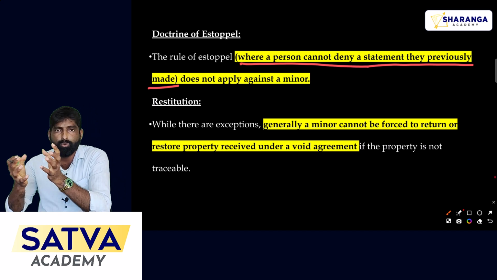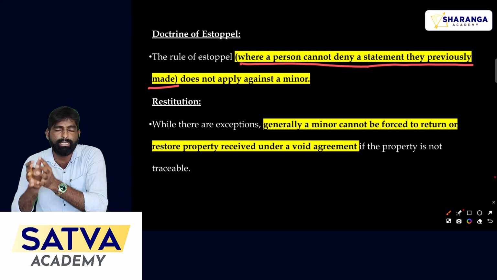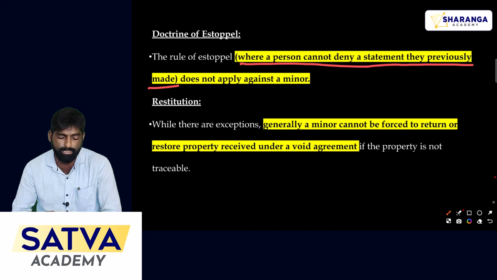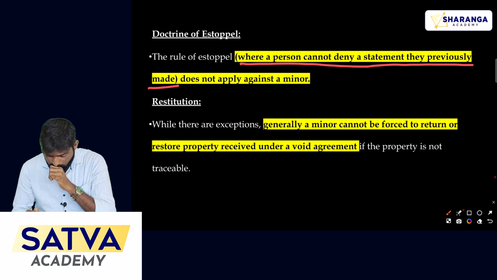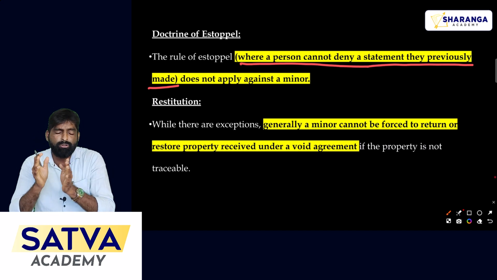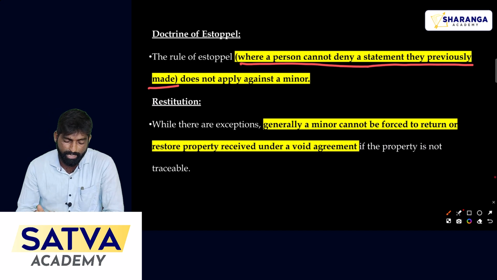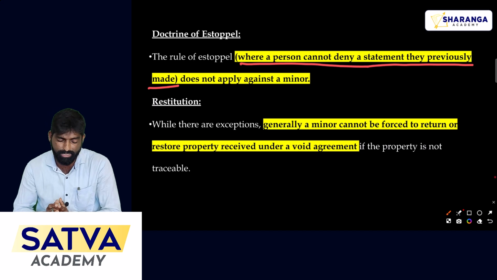You have to obey the statement and face the consequences or obligations created by that statement, and you are liable to fulfill those obligations. But that one is not applicable in case of a minor's agreement. Here minors can plead their minority in any situation.